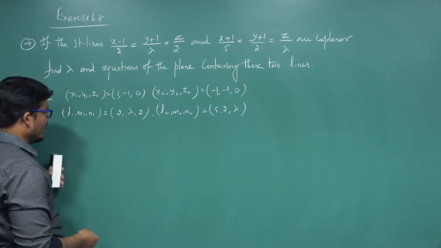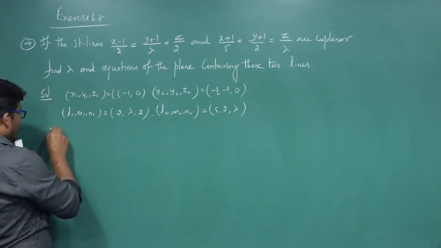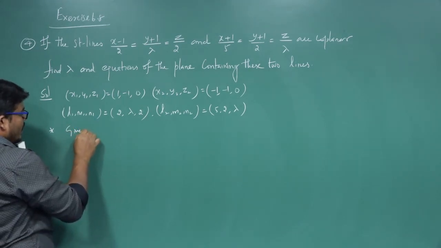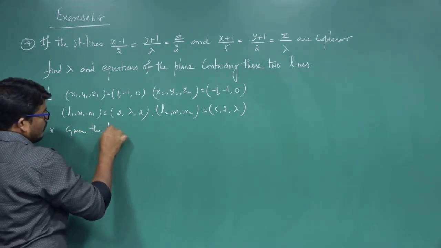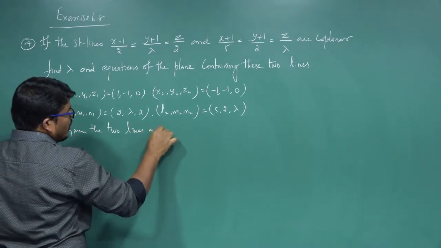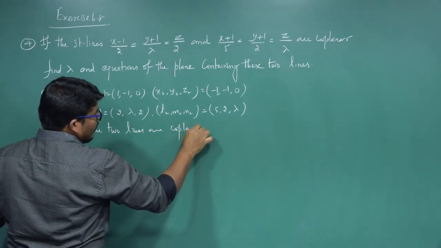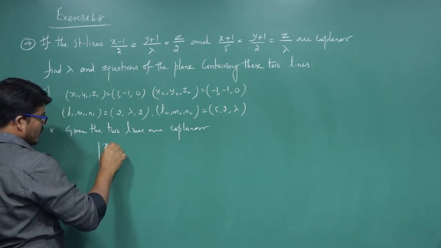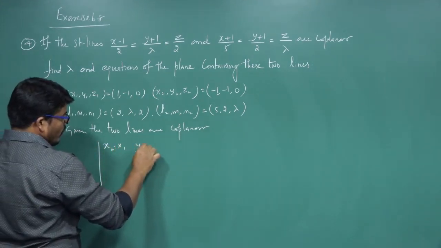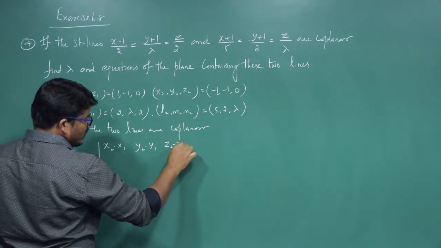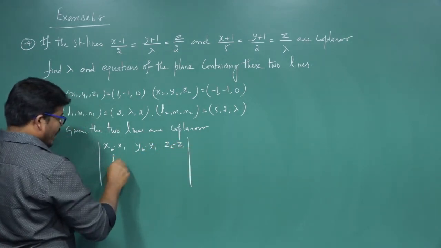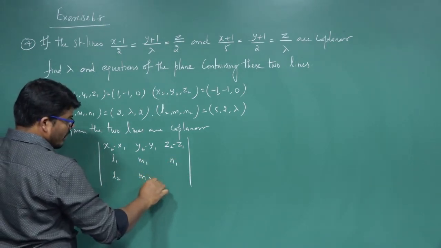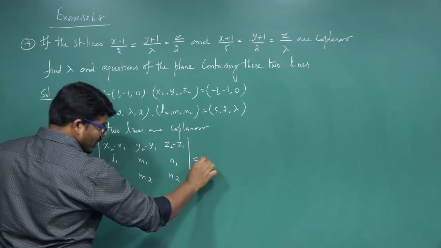Given the two lines are coplanar, the condition is the determinant of x2 minus x1, y2 minus y1, z2 minus z1, L1, M1, N1, L2, M2, N2 equal to 0.